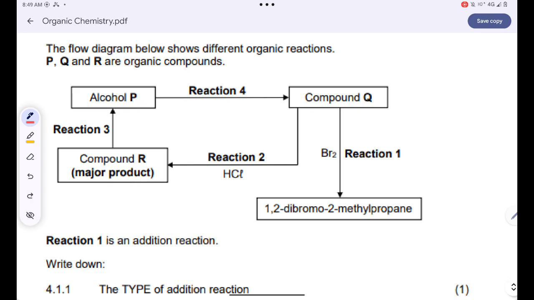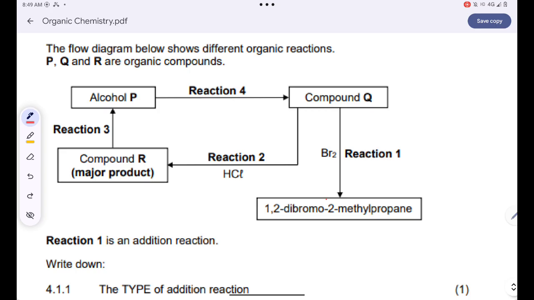We had compound Q, and something happened to compound Q, and we ended up having a dibromo methylpropane, which simply means that compound Q was an unsaturated hydrocarbon.